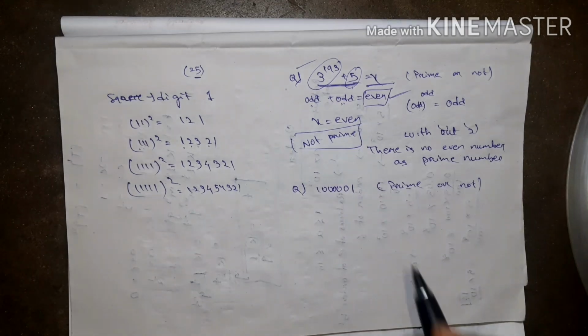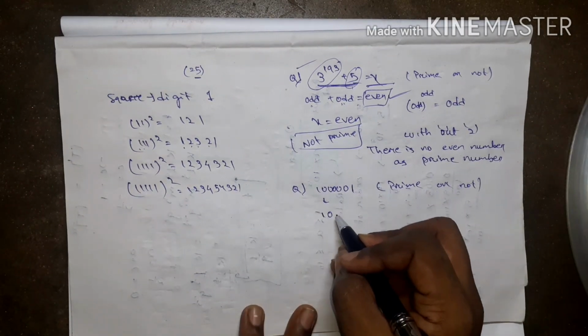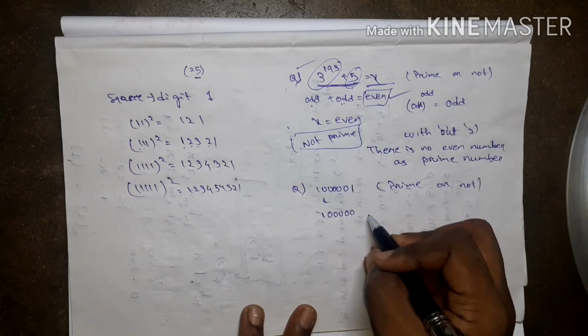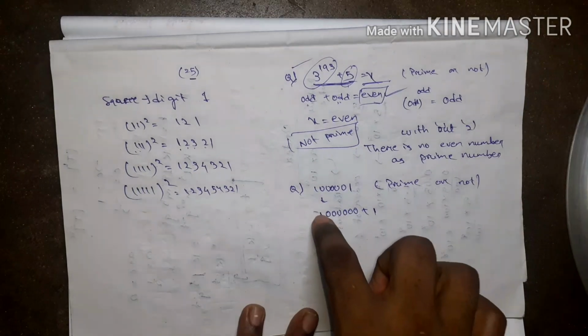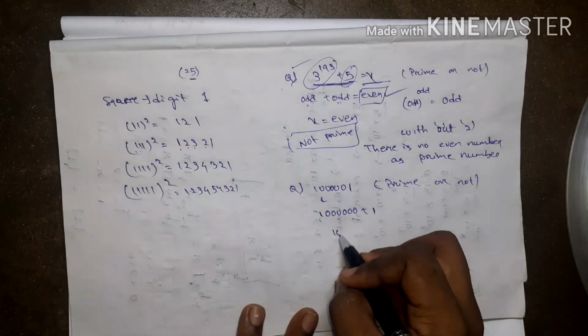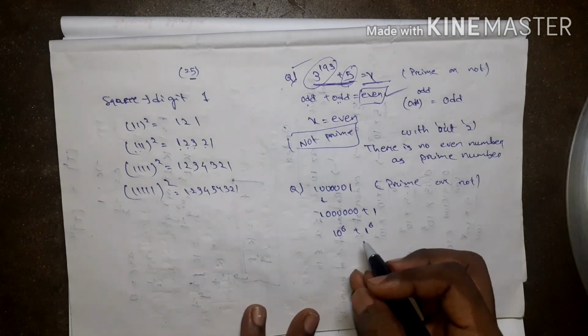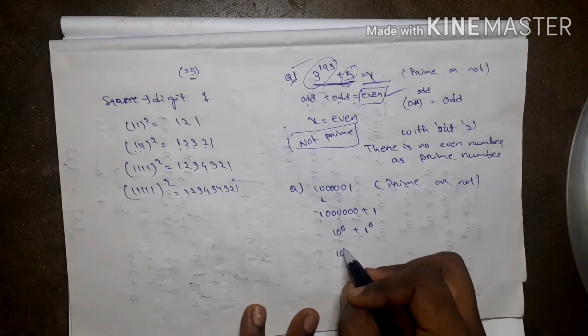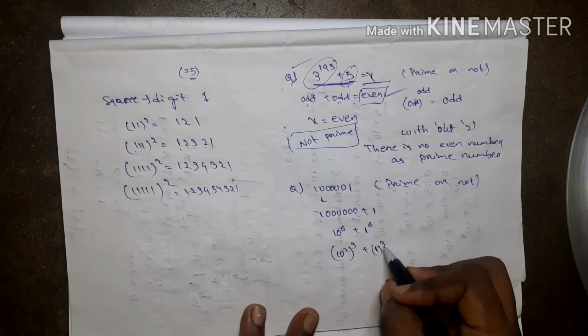Is it prime or not? I can write this as 1, 0, 0, 0, 0, 0, 1, that is 10 to the power 6 plus 1 to the power 6. Then I can also write this as 10 squared cubed plus 1 to the power cubed.